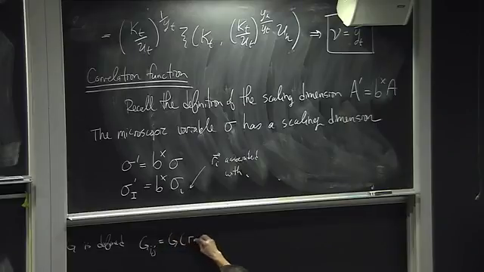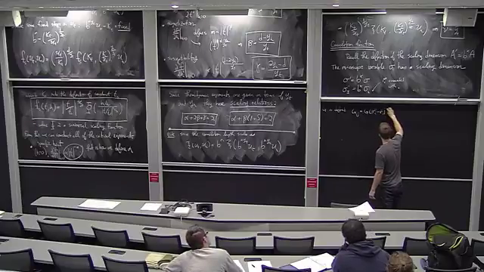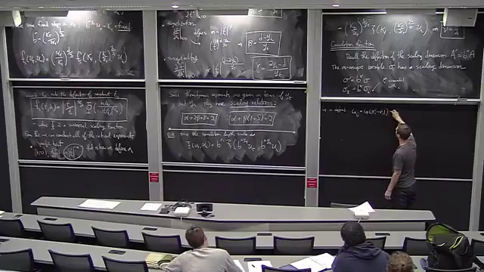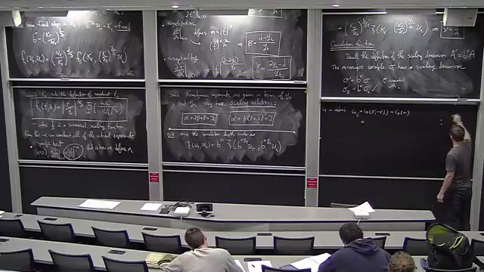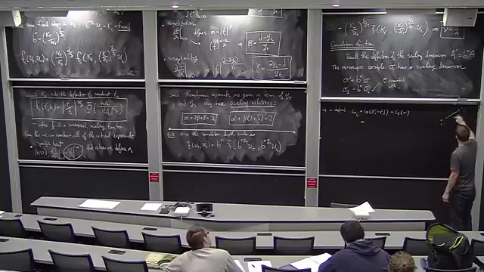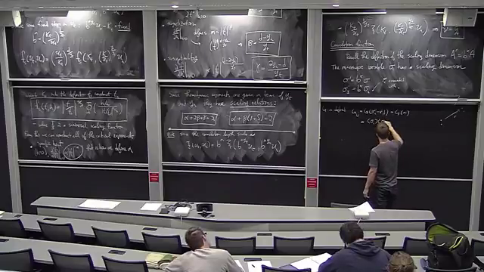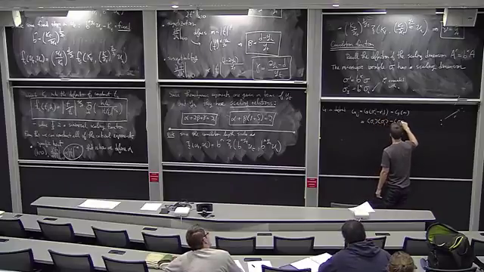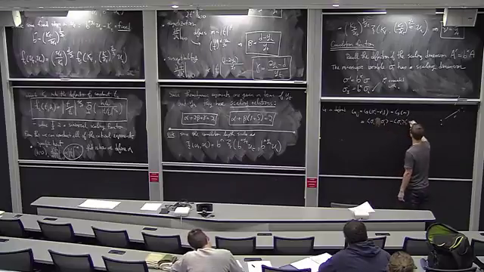Let me assume that it's just R_i minus R_j, so it just depends on the distance, which I'll call R. So G_ij is G of R. The scaling dimension matters here because it's this minus this.